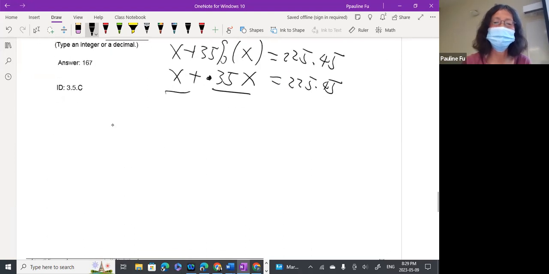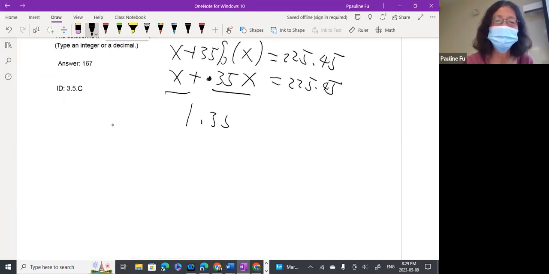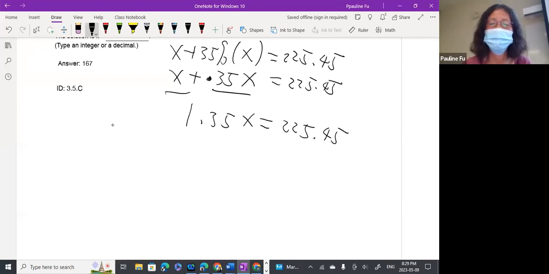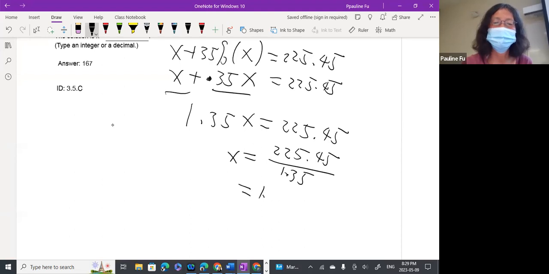Collect like terms, you get 1.35x equals 225. Then divide both sides by 1.35, and you get 167.